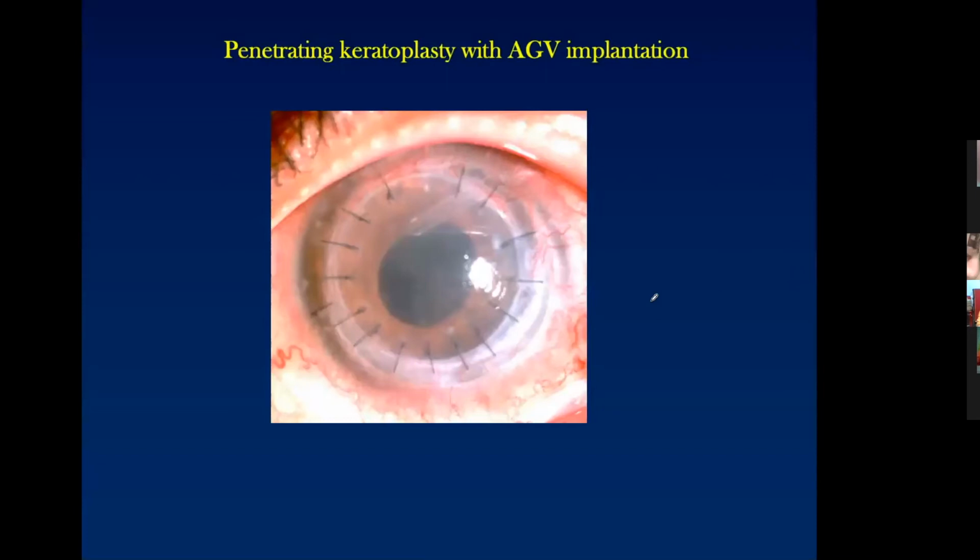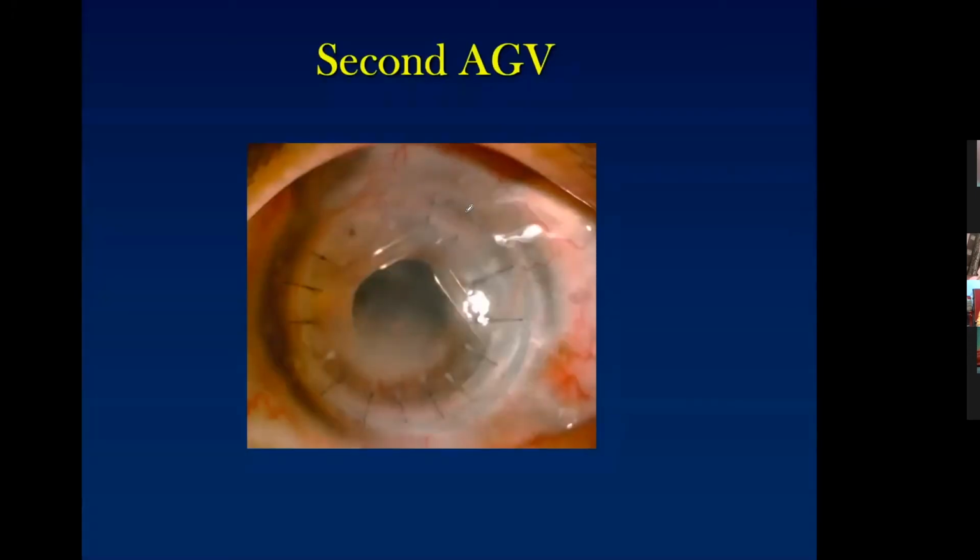Such patients are good candidates for penetrating keratoplasty along with tube implantation, because the chance of success of a conventional trabeculectomy is quite low in post-PK eyes. So we can put a tube like this along with penetrating keratoplasty. The only key is to put the tube away from the graft so that the tube does not touch the graft.